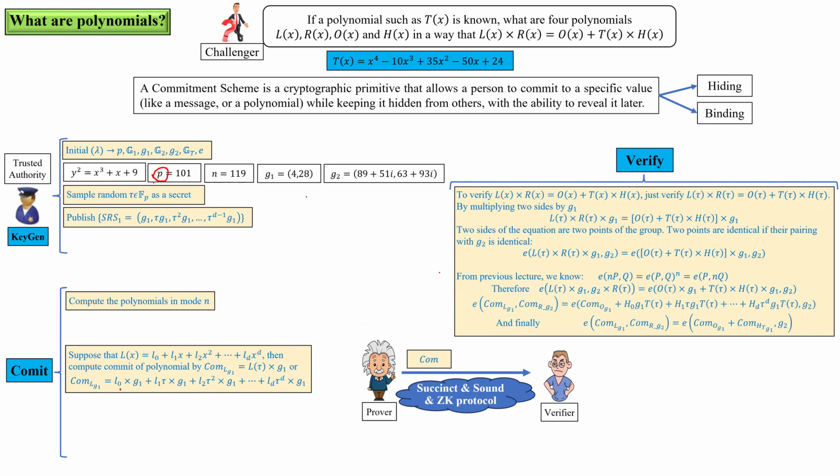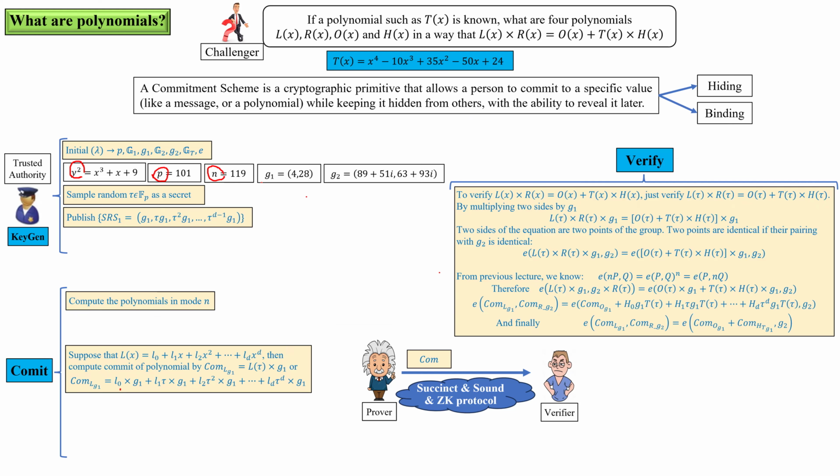It would be 101 as we discussed in previous lectures, and also an elliptic curve. The formula is y to the power of 2 equals x to the power of 3 plus x plus 9. This is the elliptic curve that we used in the previous two lectures, right? And then the torsion value for computing the pairing is 119. We also discussed this value in a previous lecture.